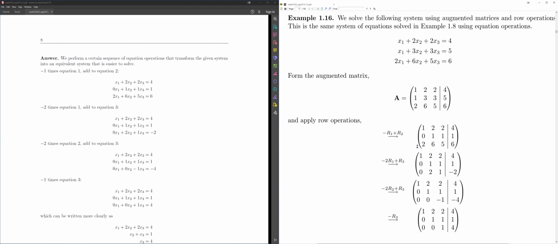While you're basically doing the same thing, you want to be consistent with the notation that you had previously, the equation operation notation. So you use a new notation, but if you're thinking of it in terms of the system, going from this system to this system, it actually means basically the same thing.